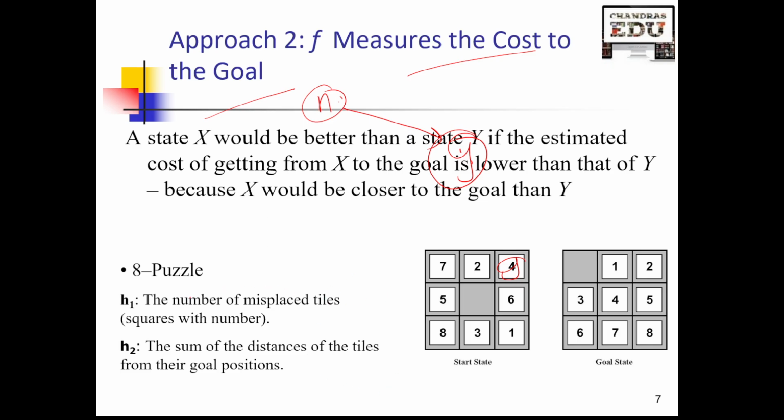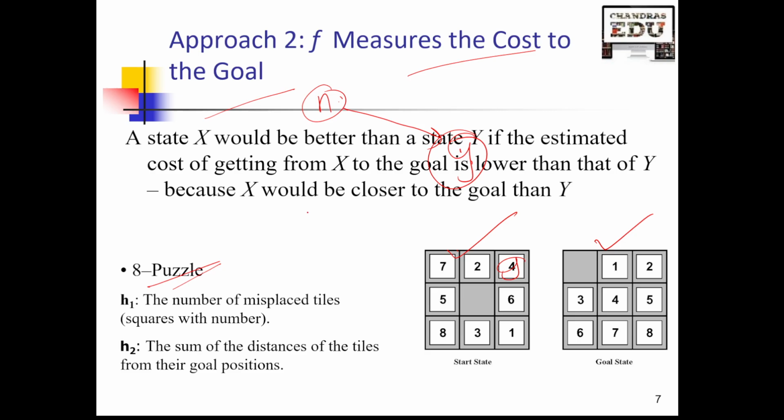So here we are taking an example of the 8 puzzle, where we have 8 tiles placed in different places. This is the starting state, and we need to finally arrange them in the goal state like this. Here there can be different parameters.